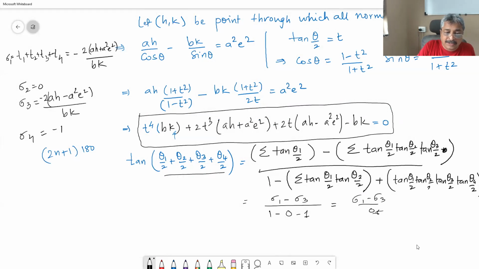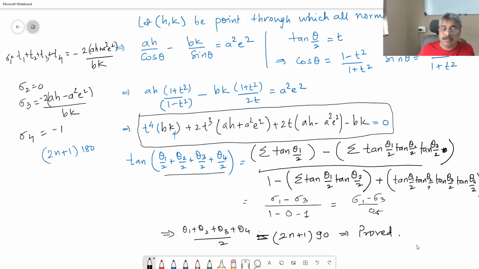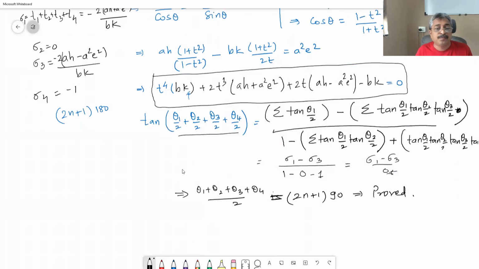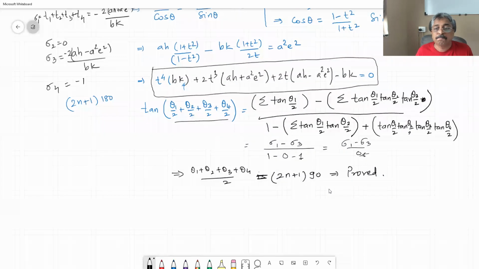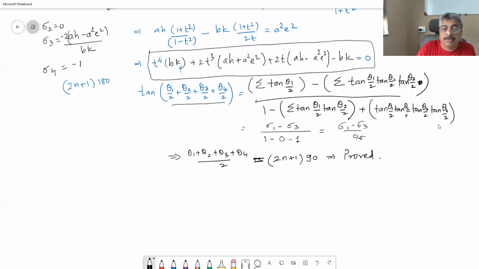That directly implies theta 1 plus theta 2 plus theta 3 plus theta 4 upon 2 is (2n plus 1) into 90. So this is the proof that the sum of eccentric angles of conormal points is an odd multiple of 90.